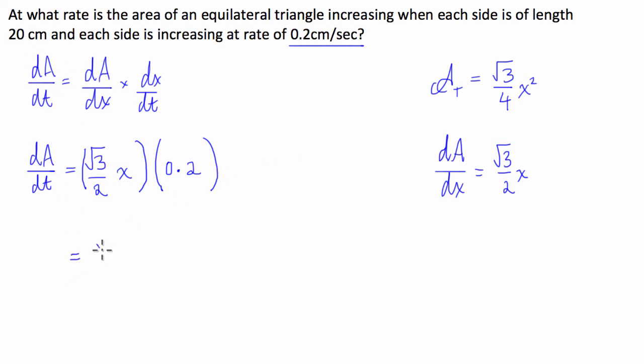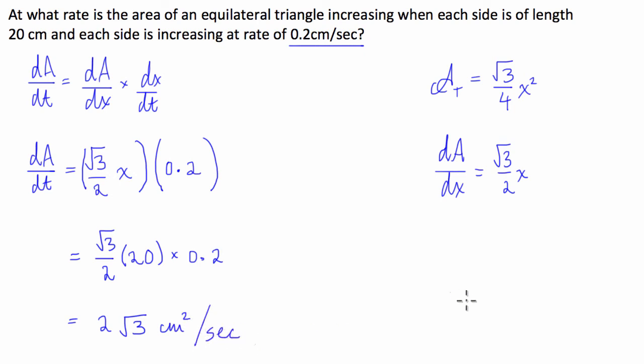We have square root 3 over 2 times 20 times 0.2. So this is now 20 over 2 is 10 root 3 times 0.2, and we have 2 square root 3 centimeters squared per second. Cool. So that is our final answer.